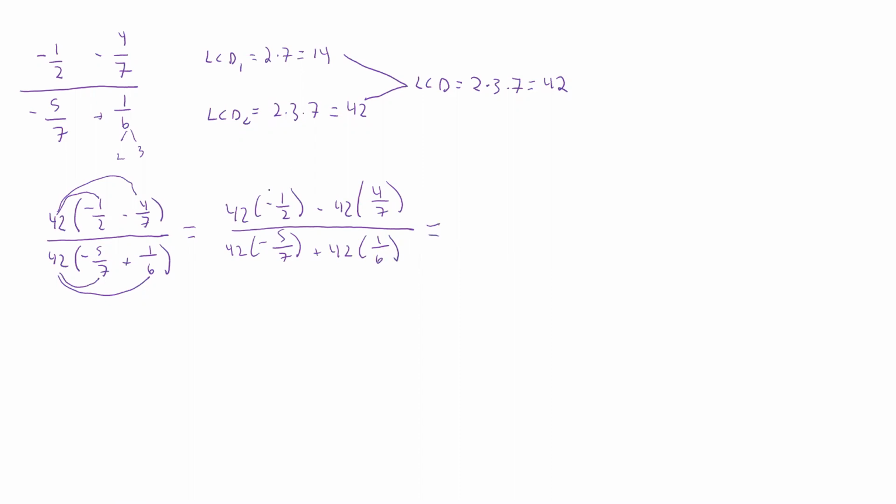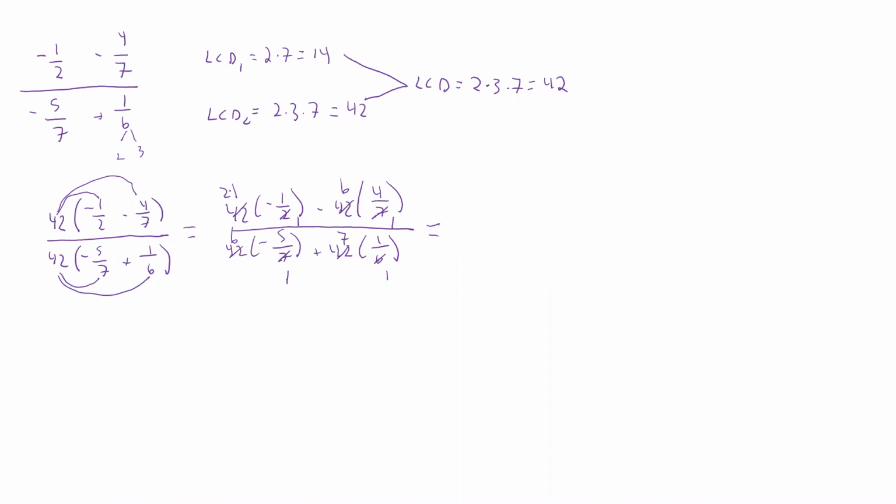And so what can we do? Well, here we can cancel. 2 will go in here once, 2 will go in here 21 times. Here, 7 goes in here once, and goes in here 6 times. Here 1 and 6. Now here, 6 will go in here once, and it'll go in here 7.